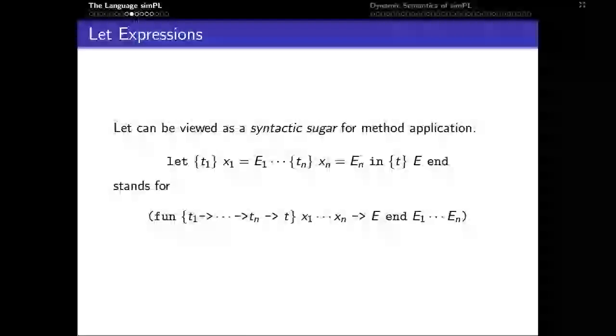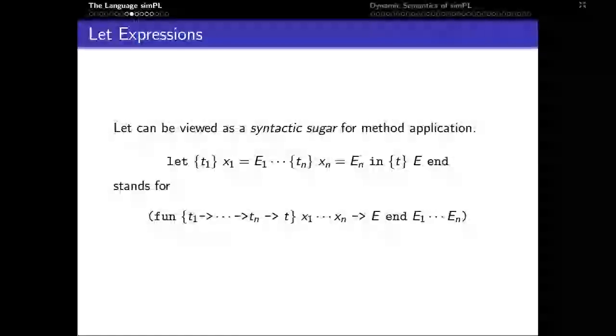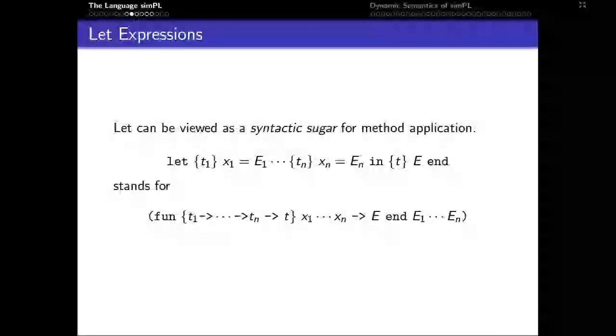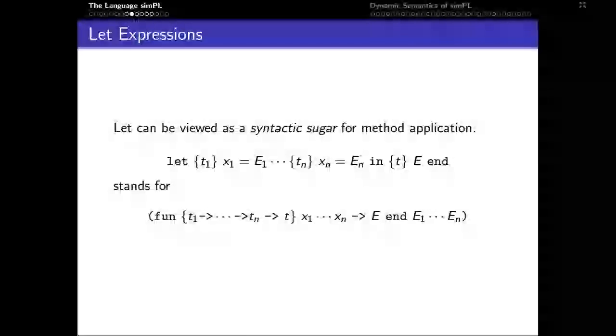So let's figure out what we mean here by syntactic sugar. We have this let expression. x1 up to xn become new names that we can use in the expression e, which is potentially a large expression. And you notice that all it means is a function application. I can always put a function definition around e and pass the expressions as arguments.